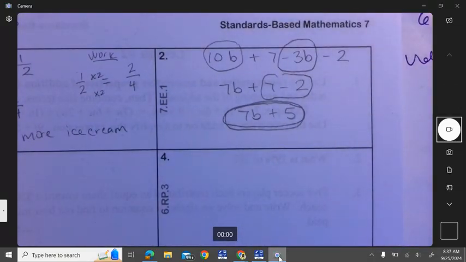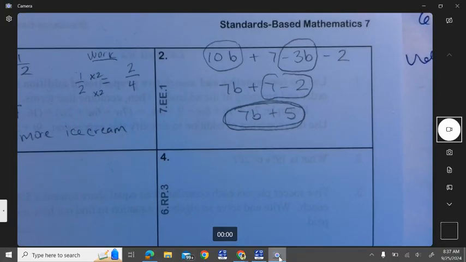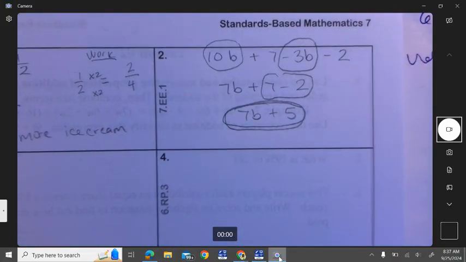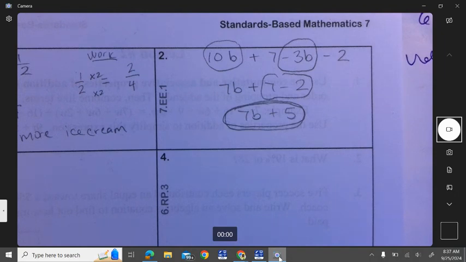The b family, or the b term, is 10b minus 3b. You combine those two and get 7b. The next step is the constants. So the constants are a positive 7 minus 2, which makes it 5. So your simplified expression is 7b plus 5.